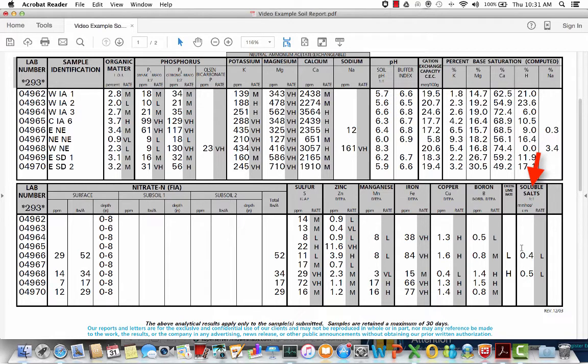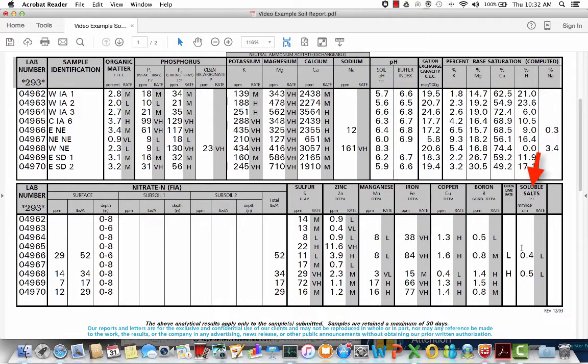And if I move above a 1 to, say, a 1.5 or a 2, you might really start to look at salt-tolerant plants. That's really beyond the scope of this presentation, but you can go onto some of the land-grant universities, type in saline soils, and they can give you some guidelines of things that you might want to do to try to reduce that salinity or grow salt-tolerant plants.